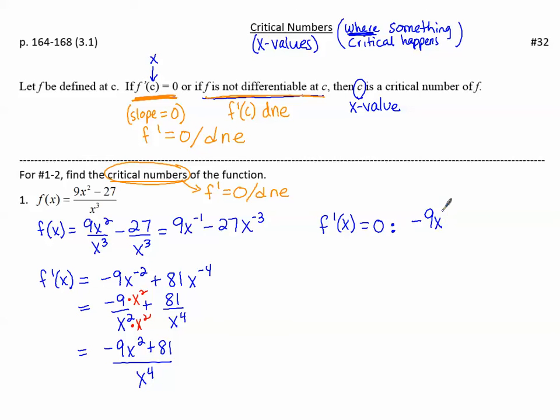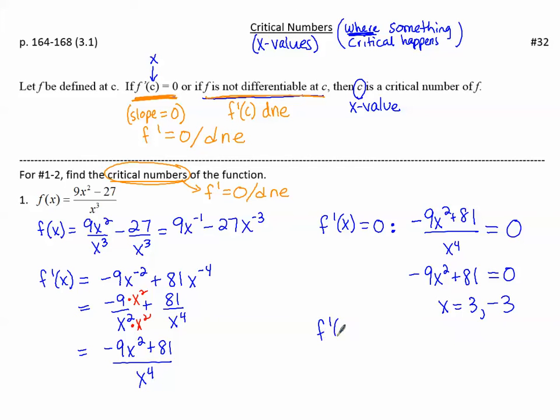Negative 9x squared plus 81 over x to the 4th equals 0. A quotient will equal 0 when its numerator equals 0. So negative 9x squared plus 81 equals 0, and that's going to happen at two places, at 3 and negative 3. We could factor to see that.